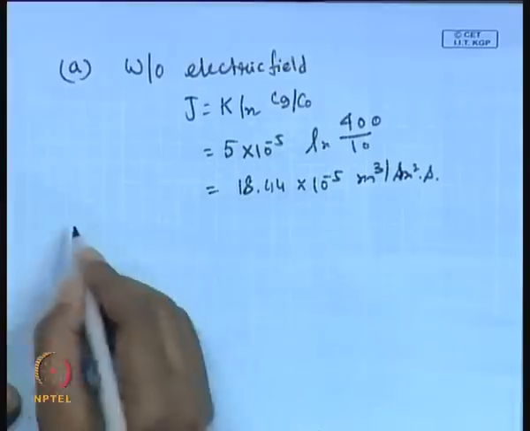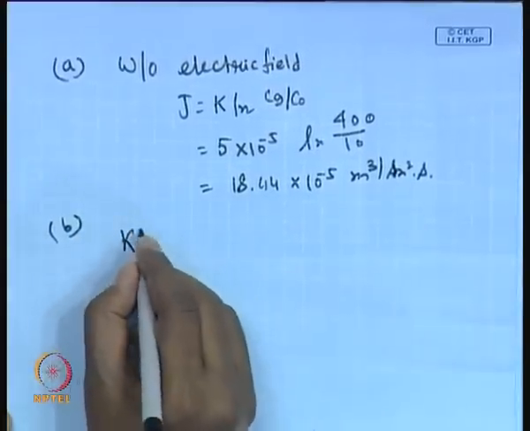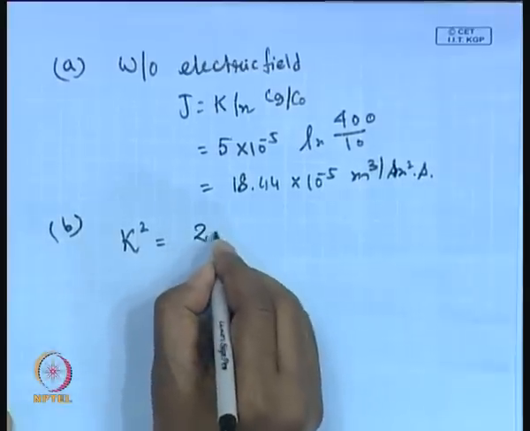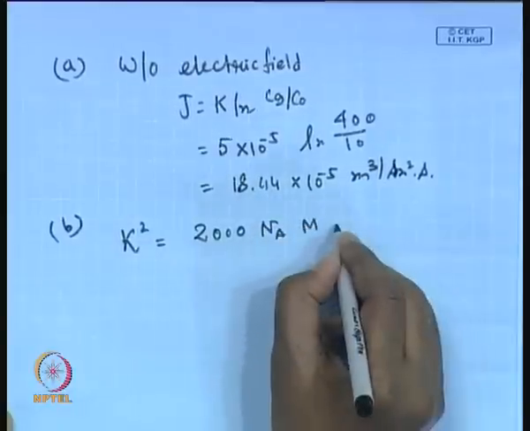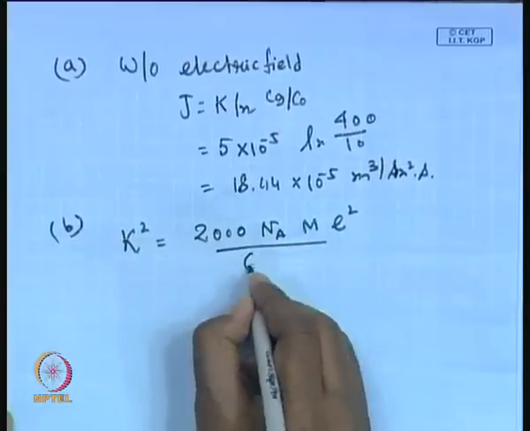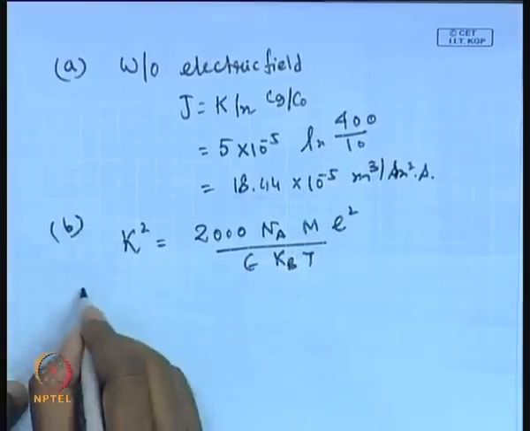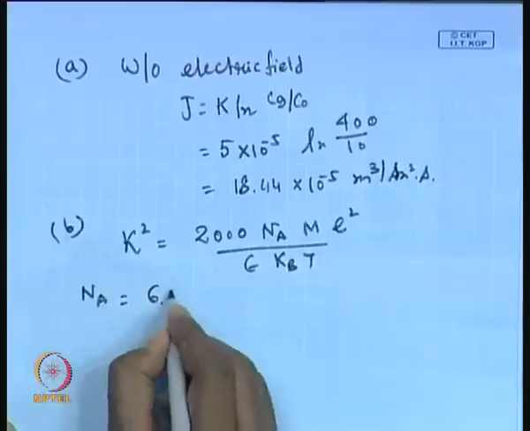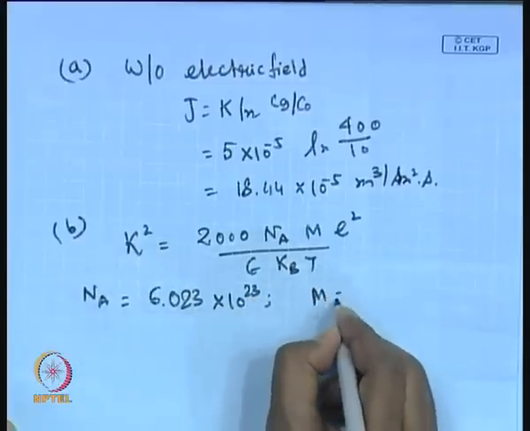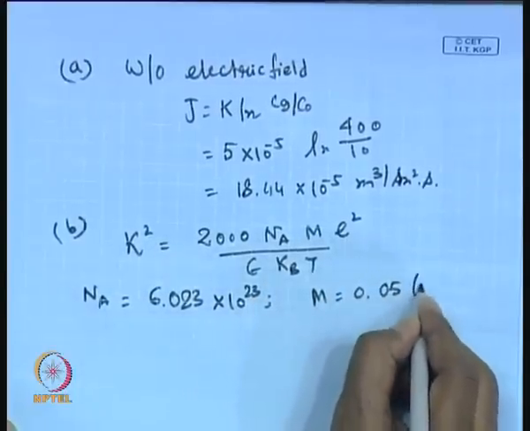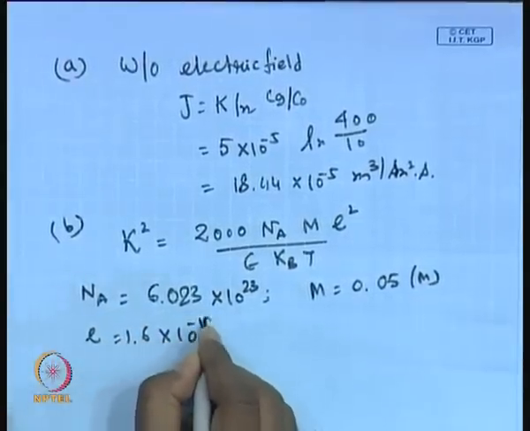Okay. And in the next case, when you are applying the external electric field, you calculate the value of d by length, that is kappa inverse. So, kappa square is 2000 times Avogadro number times molar concentration times e square divided by epsilon kB T, and you know the values of all parameters. Avogadro number is 6.023 into 10 to the power 23. Molar concentration in this particular problem is 0.05 molar, and e is 1.6 into 10 to the minus 19 coulomb.